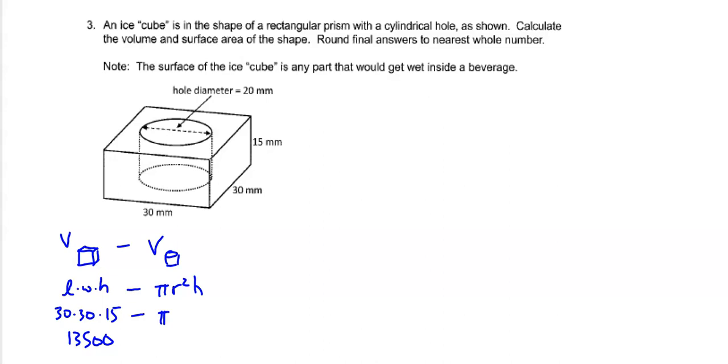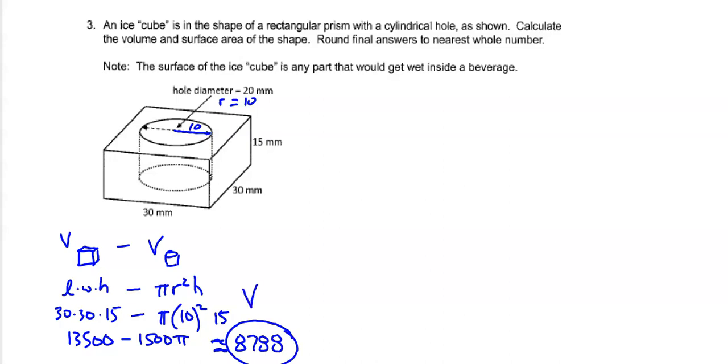The diameter is 20. So that means the radius is 10. So we have pi 10 squared. Height is still 15. So that's 1,500 pi. Punch that into my calculator. It looks like it comes out to about 8788. So there's the volume.